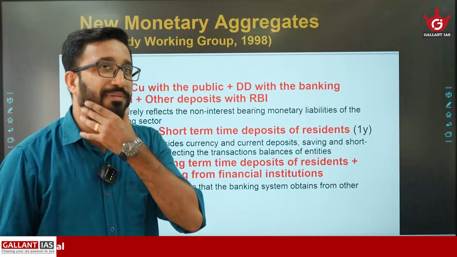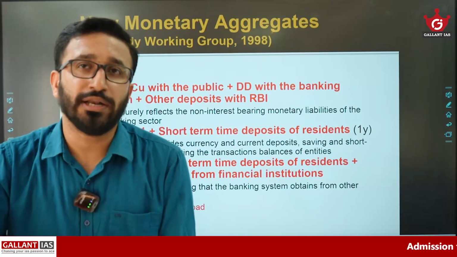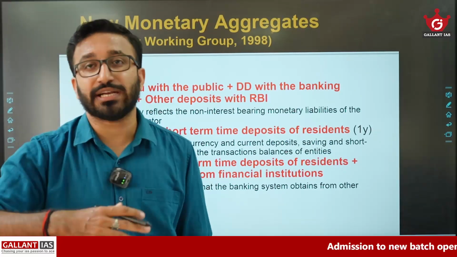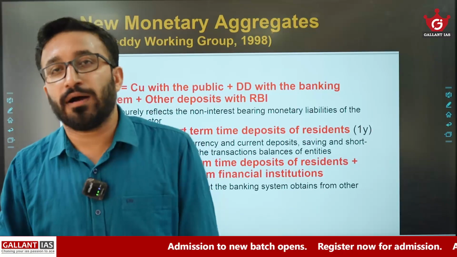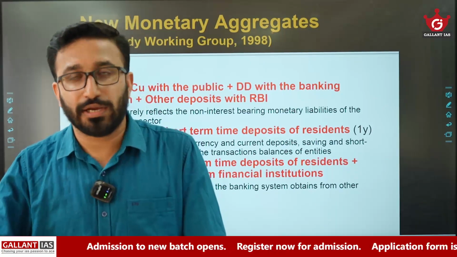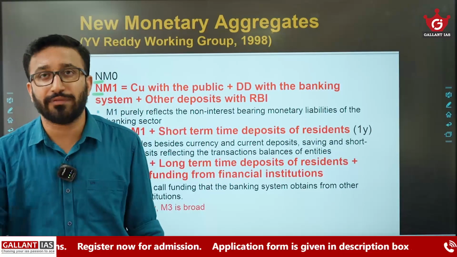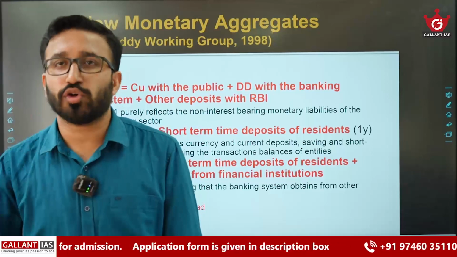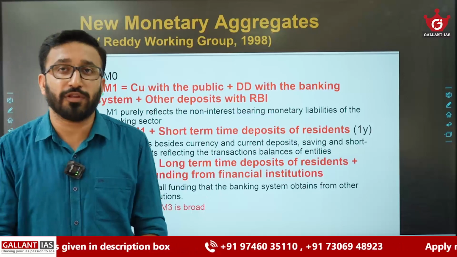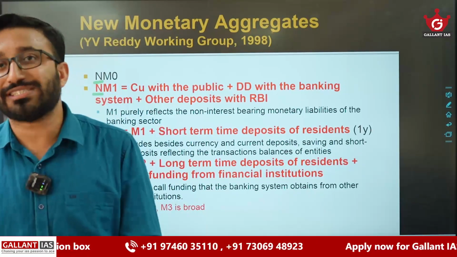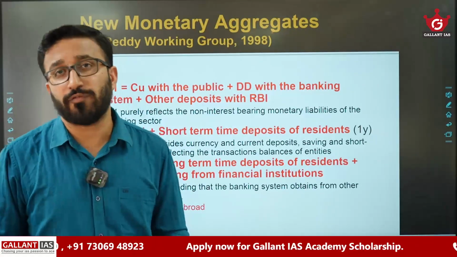You may be getting a very small interest rate for your demand deposit account, so it cannot be considered interest when you compare it with the interest of a recurring deposit or a fixed deposit. The interest that you get in a demand deposit account, savings bank account or current account is very low. So it can be considered a non-interest bearing liability of the bank. I already told you deposits are always liabilities of banks and currency is the liability of the Reserve Bank of India.